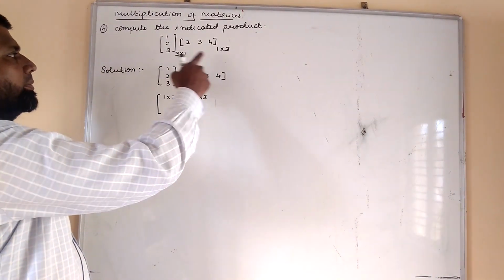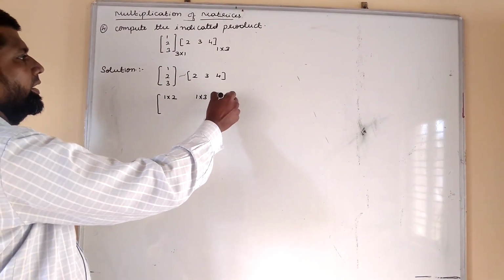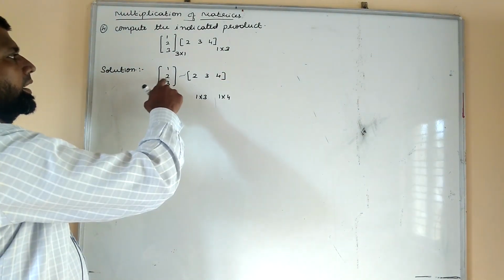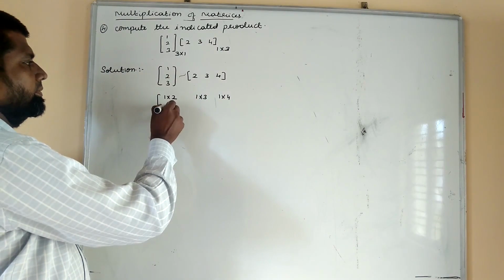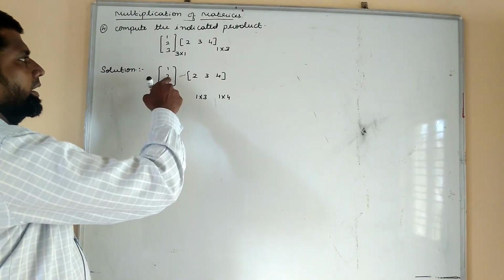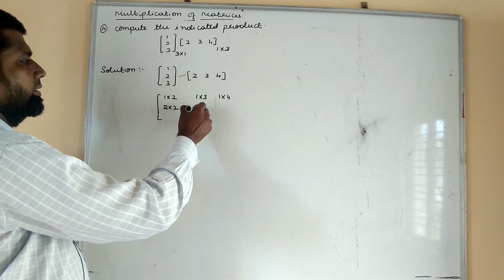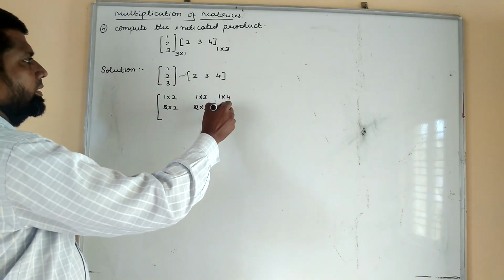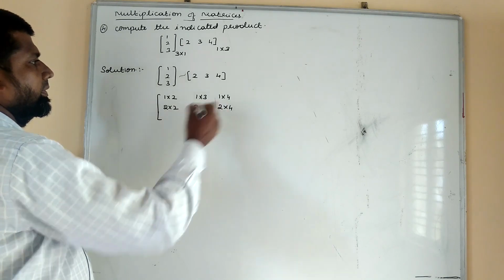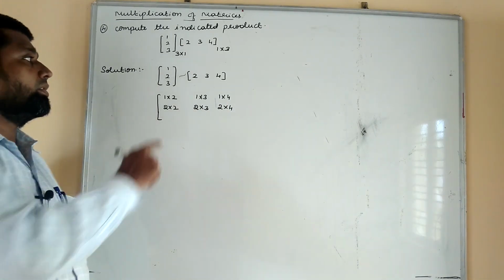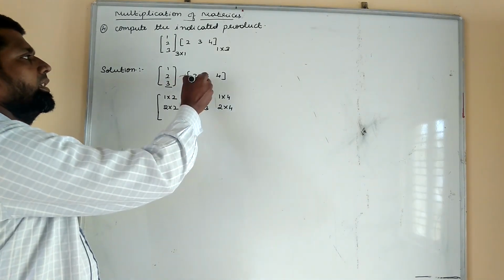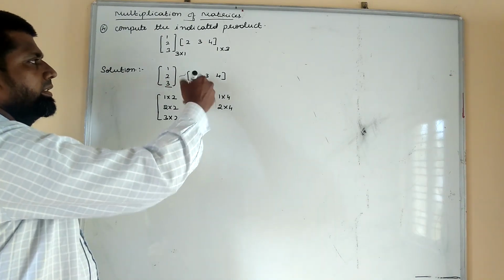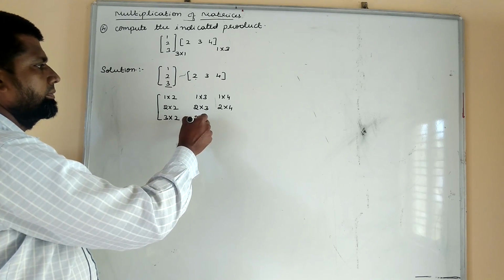Then first row is multiplied with third column, 1 into 4. Then second row is multiplied with first column. Second row is multiplied with second column. Second row is multiplied with third column. The next, third row is multiplied with first column. Third row is multiplied with second column.